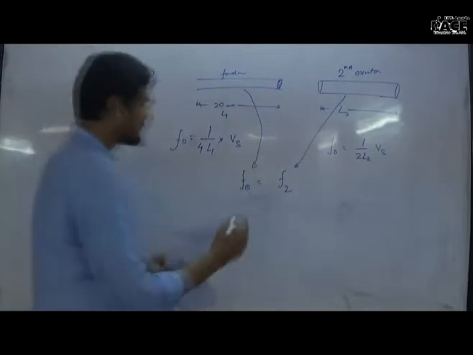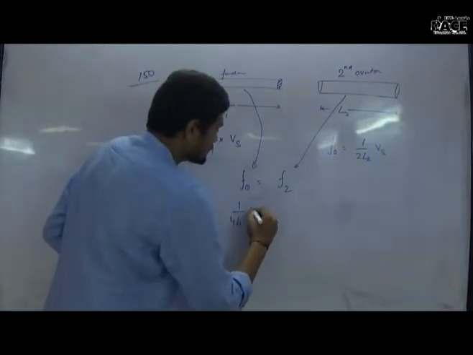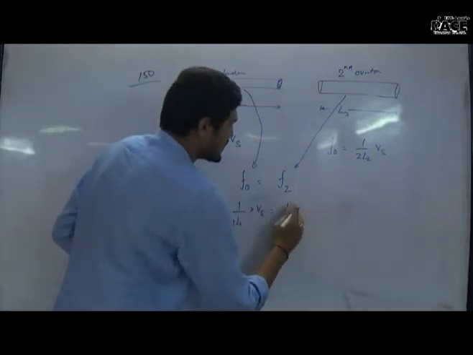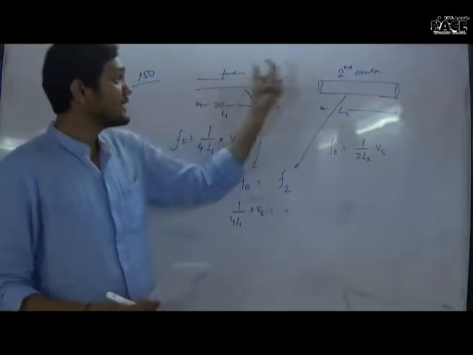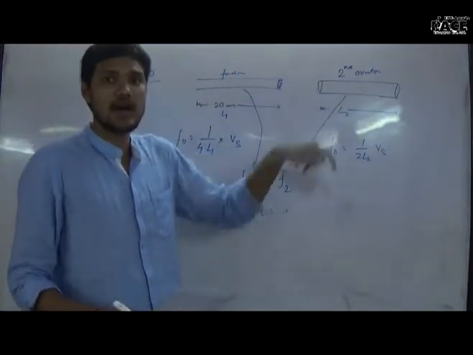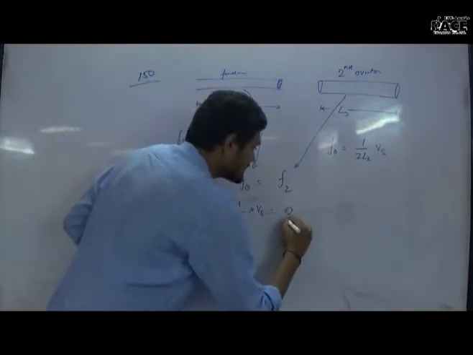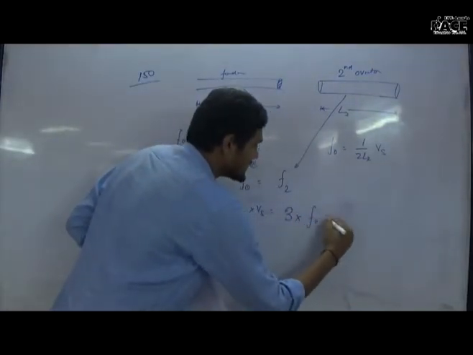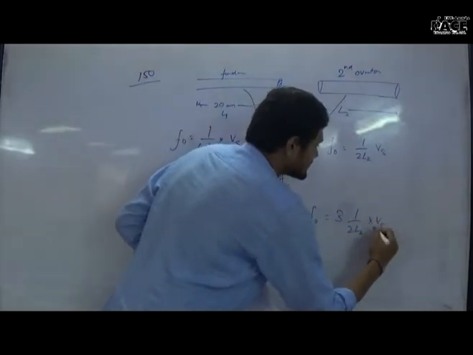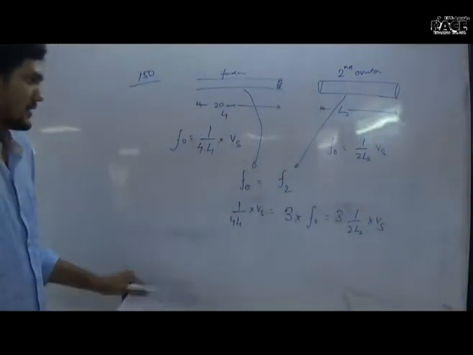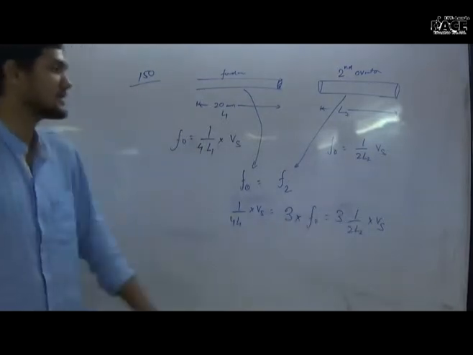So 1 by 4 L1 into velocity of sound is equal to, since it is a second overtone, the third harmonic, 3 times 1 by 2 L2 into velocity of the sound.